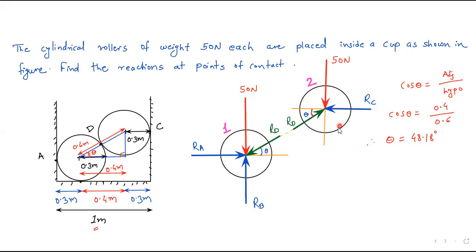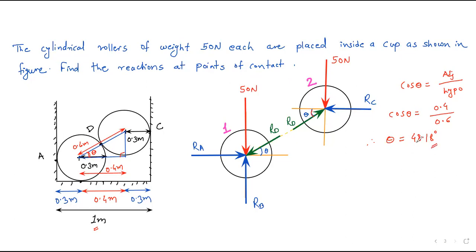This is the free body diagram I have already drawn for sphere 2. Do you require a separate diagram to understand the angles, or is it okay if I show the angles in the same diagram? Sir, it's okay, the same diagram. Okay, fine, I will show all the angles in the same diagram. The angle theta we have already calculated.